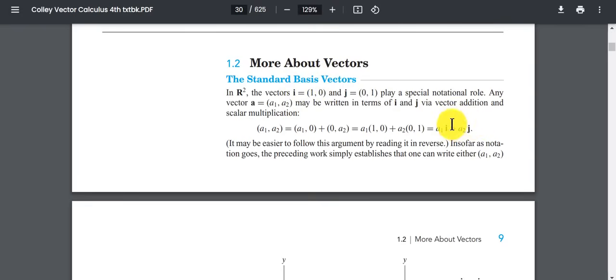So it can be broken up into a constant A1 times the first standard basis vector, which is I, plus a constant times j, which is the second standard basis vector. So any vector can be broken up this way. And this is very simple to break up. I'm saying it's going to be something times I and something times j. And what are those somethings? It's just these. So it's very simple to go from here to here.